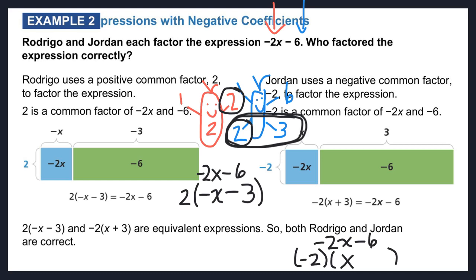On the minus 6, remember, negatives and subtraction signs are interchangeable, so I already have the negative taken care of out here with my negative 2. I can just make it a positive 3. That gets tricky, I'm not going to lie. But you can absolutely go from here and you can check your work.